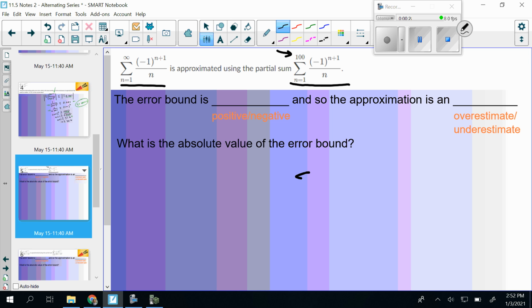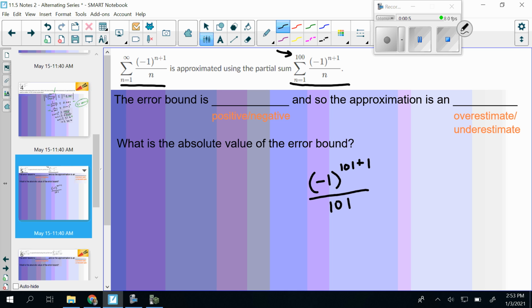Well, let's find that error bound first. If we're going to find this error bound, it should be less than the next term. So the next term here would be 1 up from 100, which would be the 101st term. So we're going to plug in 101 for n to find that next term. For both n's here, let's plug in 101.